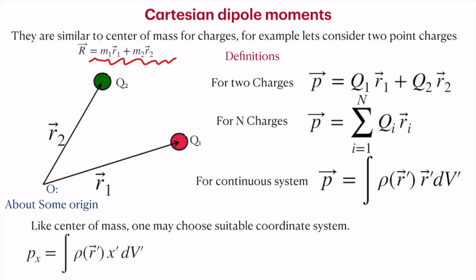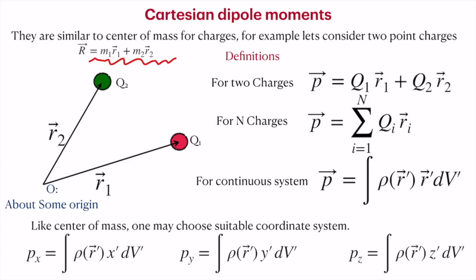Now, in general, dipole moments are vectors, and in the Cartesian system, you have three components px, py, pz, which is essentially given by rho times x prime dV integrated over the given volume. So, you get the full vector definition.